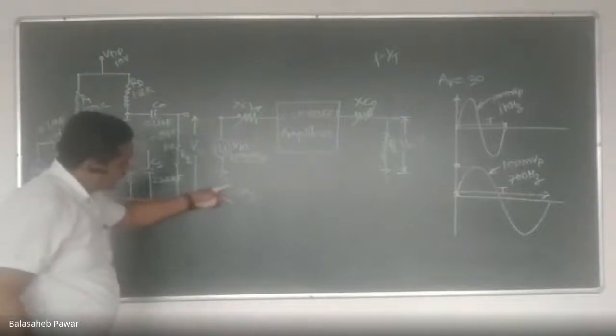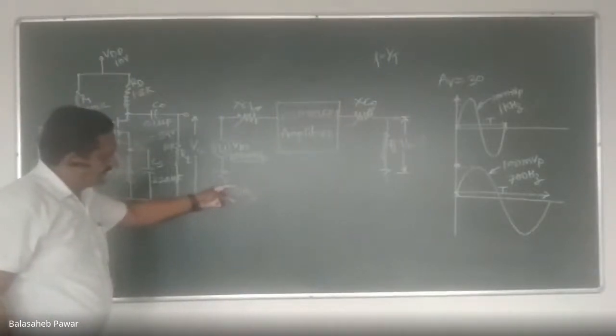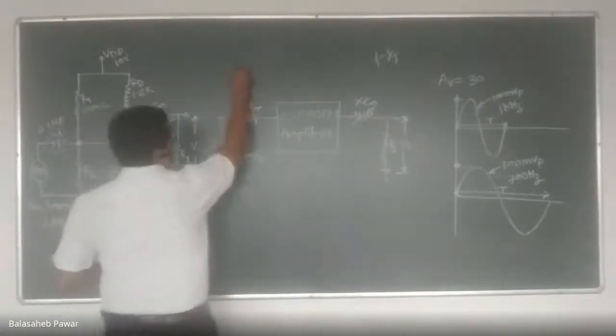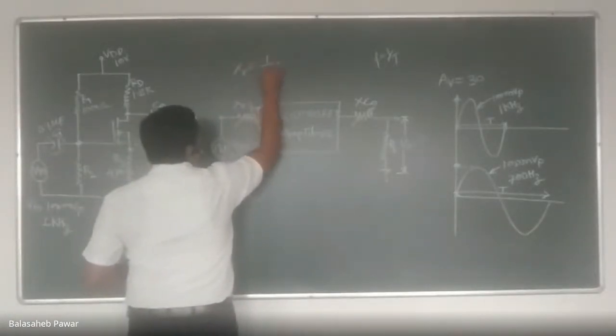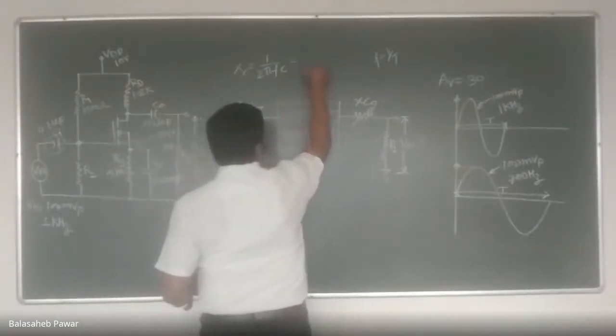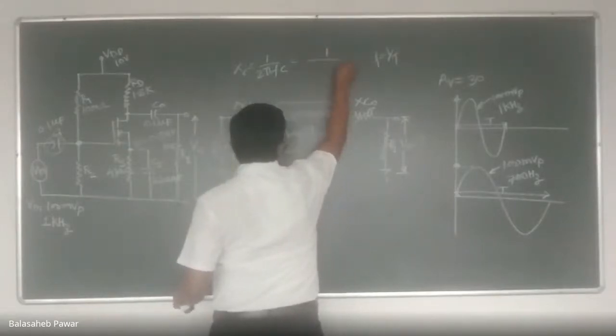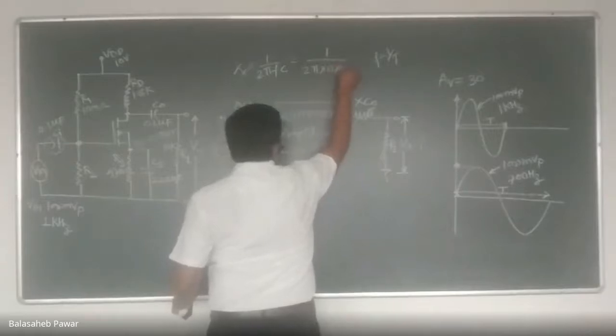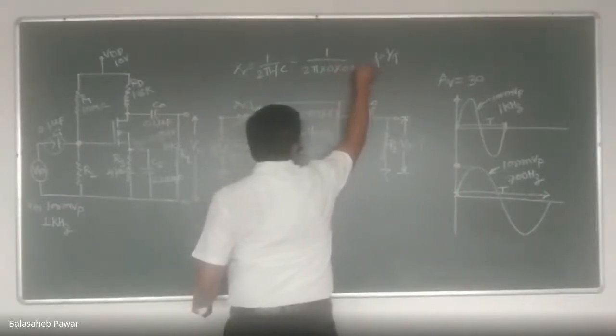Whenever the frequency of the input signal is 0 hertz, how much will be Xc? Xc is 1 upon 2 pi f C. Here we already took C as 0.1 microfarad. So find the reactance: 1 upon 2 pi into 0 into 0.1 into 10 raised to minus 6.